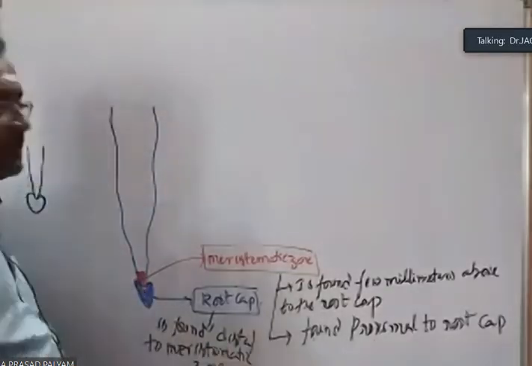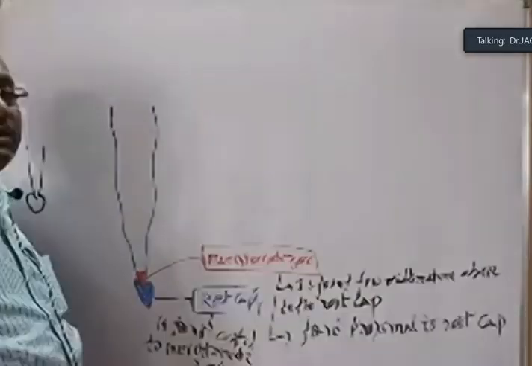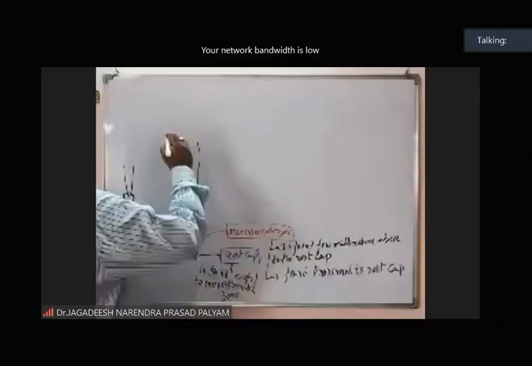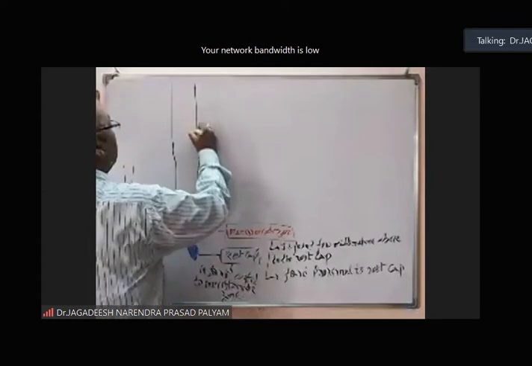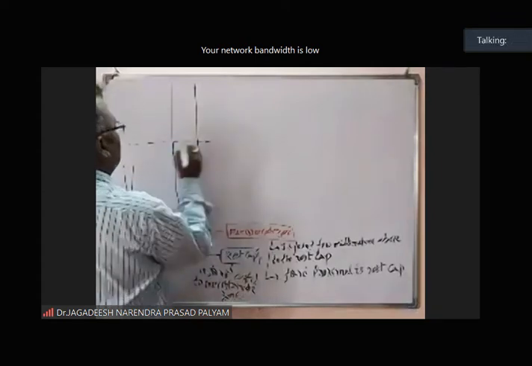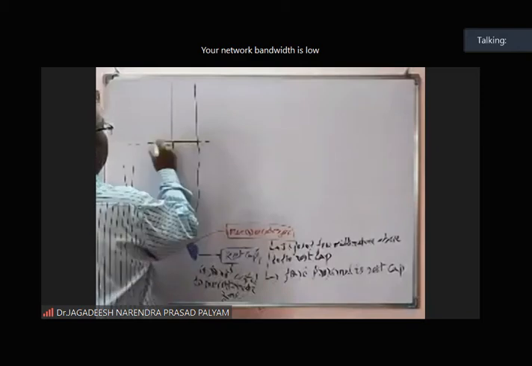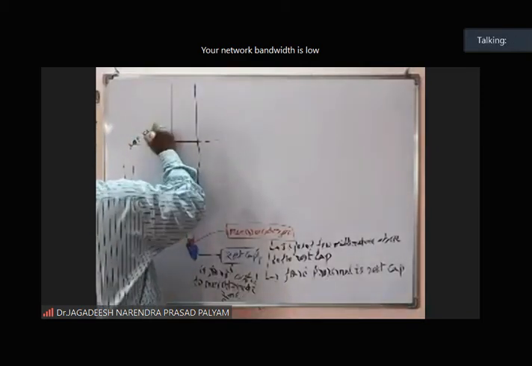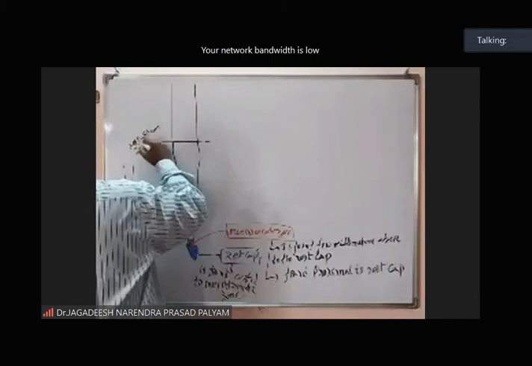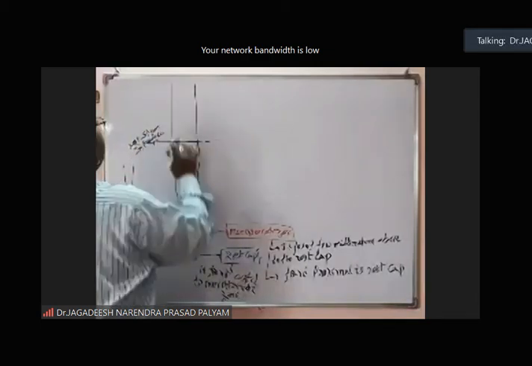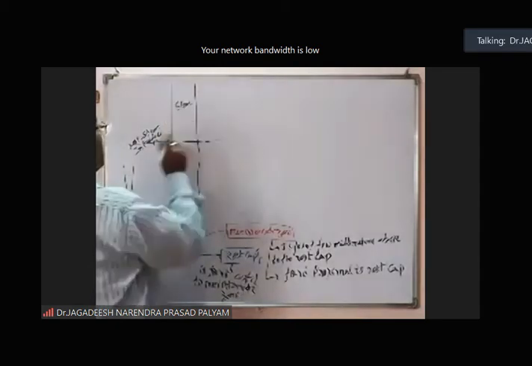Let me explain what is proximal and what is distal first. Look at here. See that from here, this is the root stem interface. Root stem interface means this is the region where both root and stem are joining.